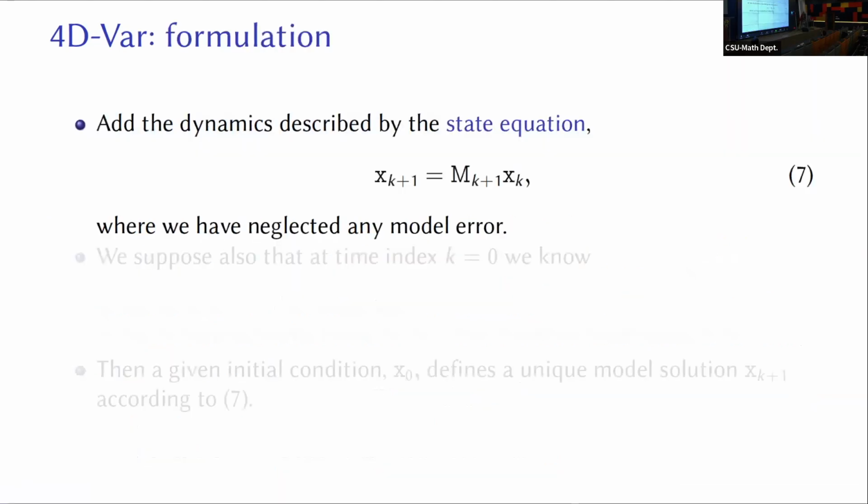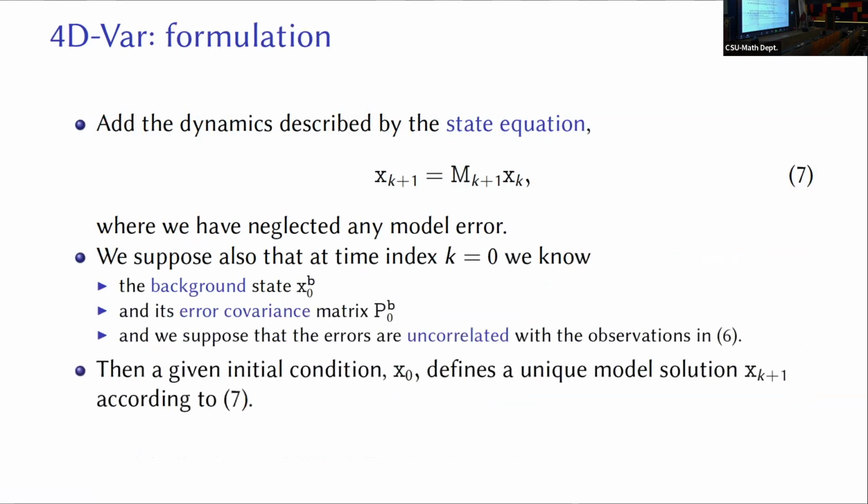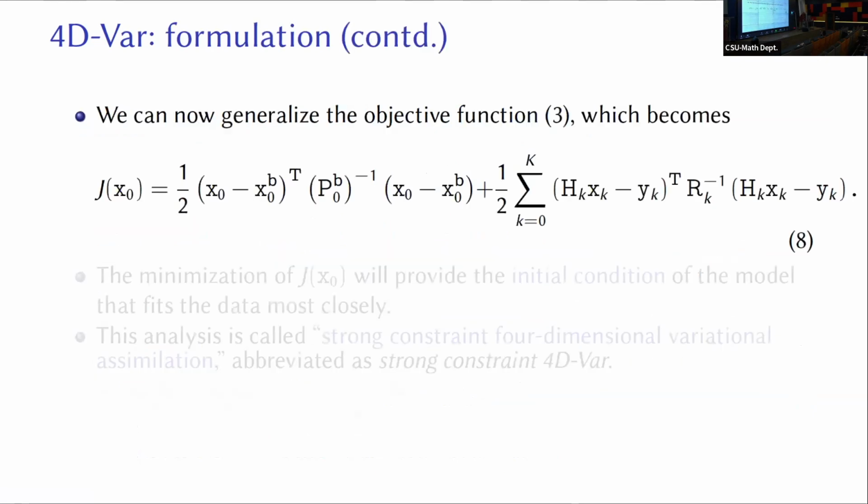Okay, so anyway, one adds the dynamics equations, and then we have the generalization of the objective function. So now we have to sum over the interval of time, k equals 0 to K. k is the index which indexes the time. And so things become a little bit more complicated. You see, because H can depend on k, R depends on k as well.